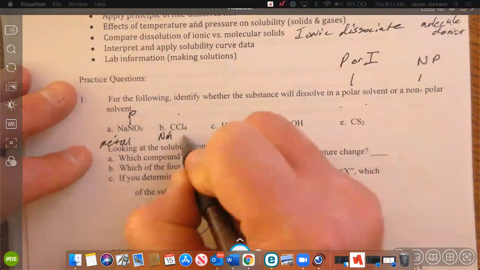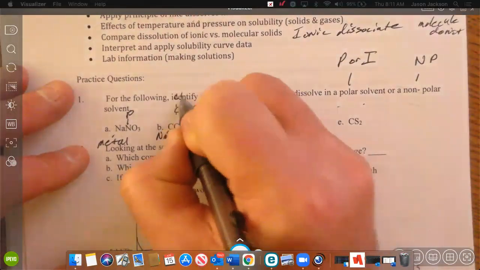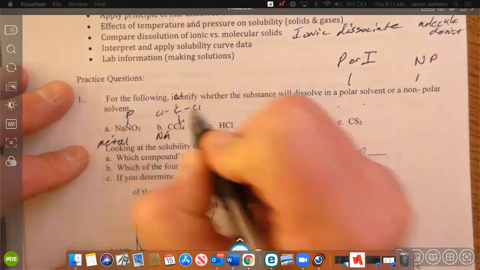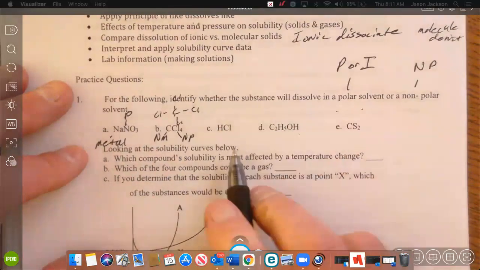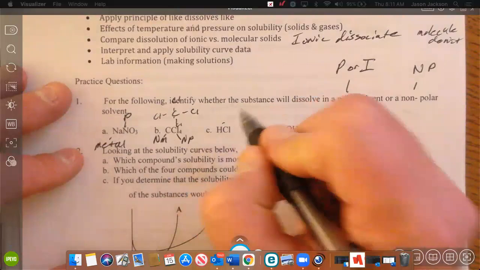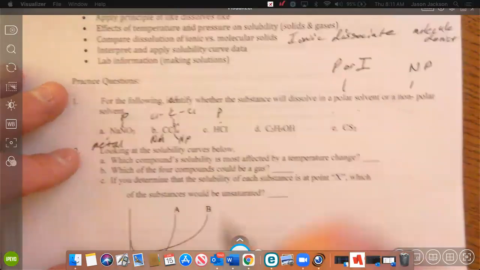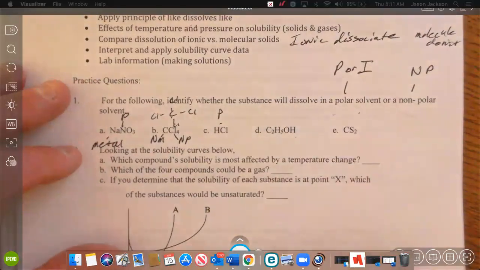And it's not a polar compound. C is in the middle, and all of these Cl's are going to pull in opposite directions. So this will be non-polar. HCl, if we look at the electronegativity difference here, it is great enough to be polar. So that will dissolve in polar substances.